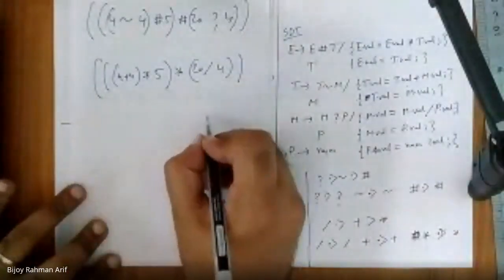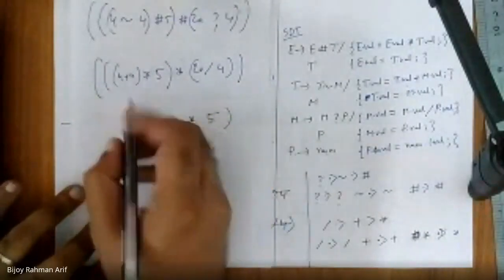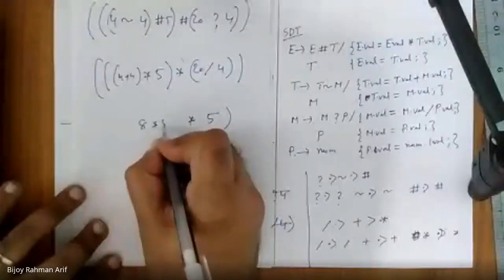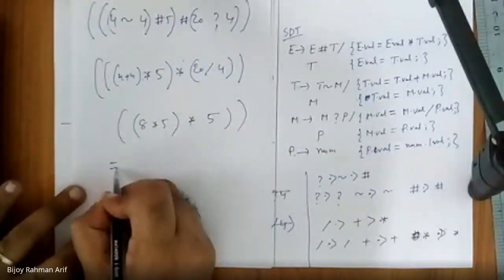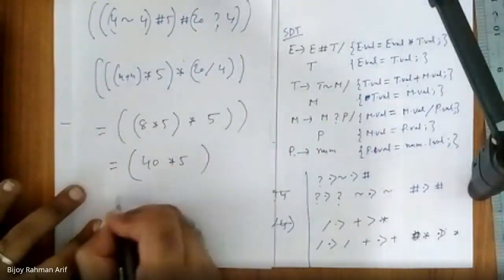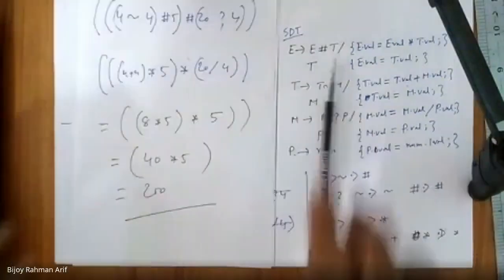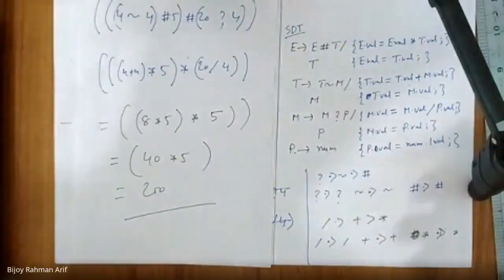So this one becomes 5 star. This one becomes 8 star 5. This is nothing but 40 star 5. Did you get the solution? Yes, sir. So this is how you can also solve this problem.